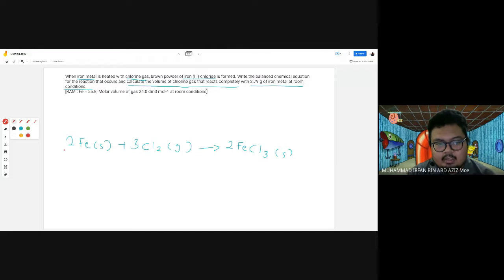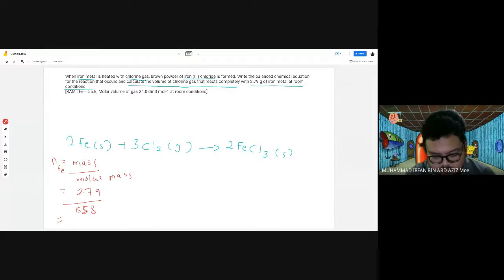So, n is equal to mass over molar mass of Fe. So you will get 2.79 over 55.8. So you will get 0.05 mole. Okay, 0.05 mole of Fe.